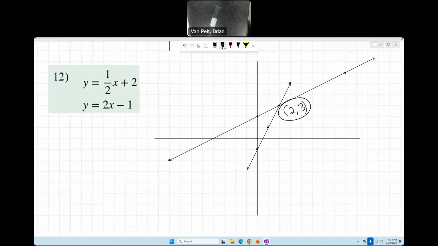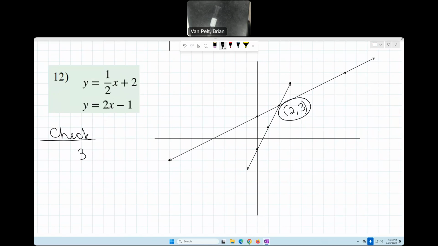Let's check it. So when I check it, I should be able to put that solution into both equations and it works. That means I replace X with what value over there? I'm gonna replace X with what value? 2, and Y with what value? 3. So let's start with the first one.